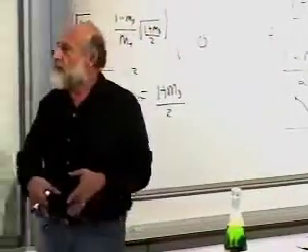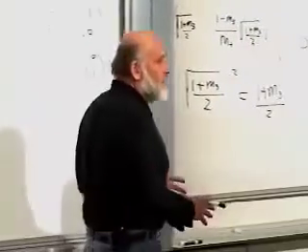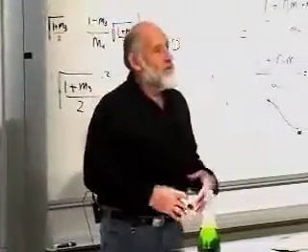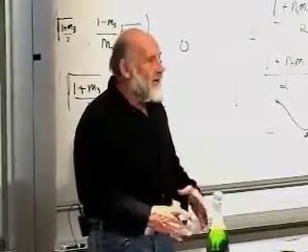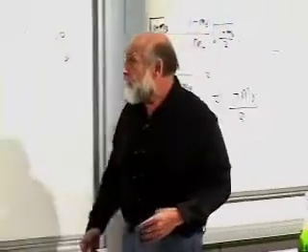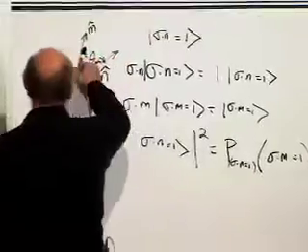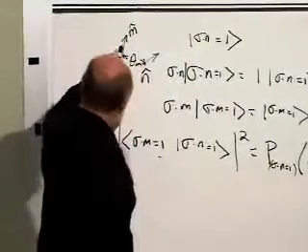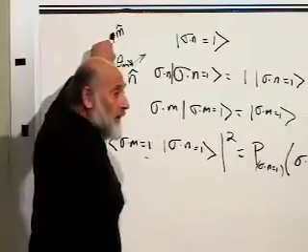In particular, if you measure a particular quantity and you get an answer, that answer corresponds to some eigenvalue, and you leave the system in an eigenvector with that eigenvalue. So if you measure the spin along the m-axis to be up, you leave the system in the state where the spin along the m-axis is up.